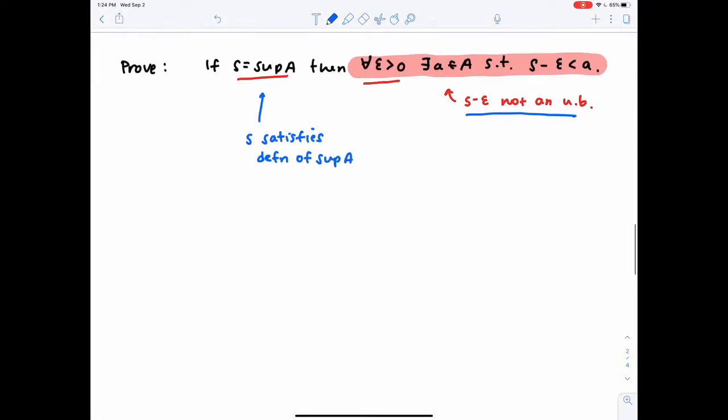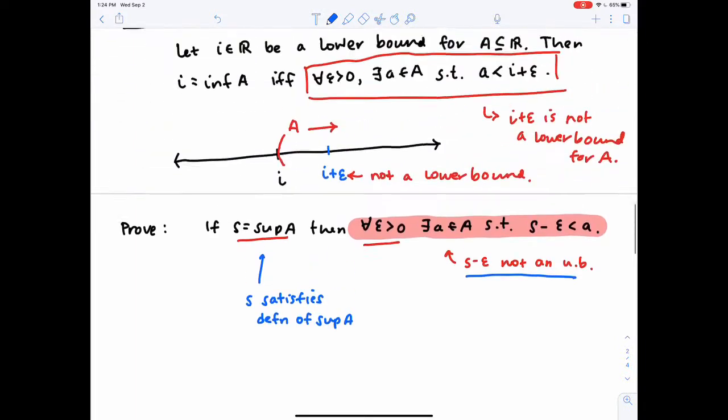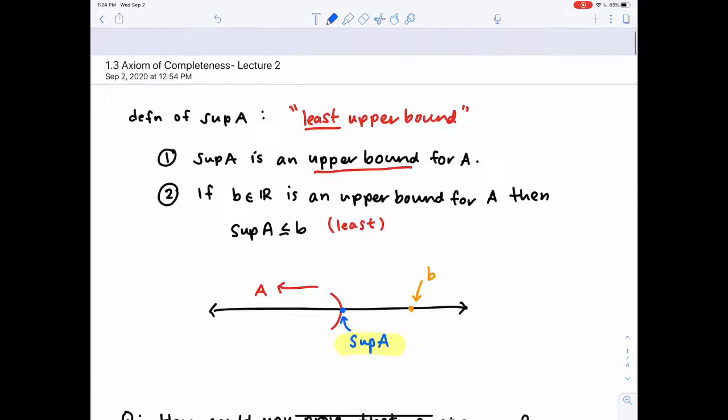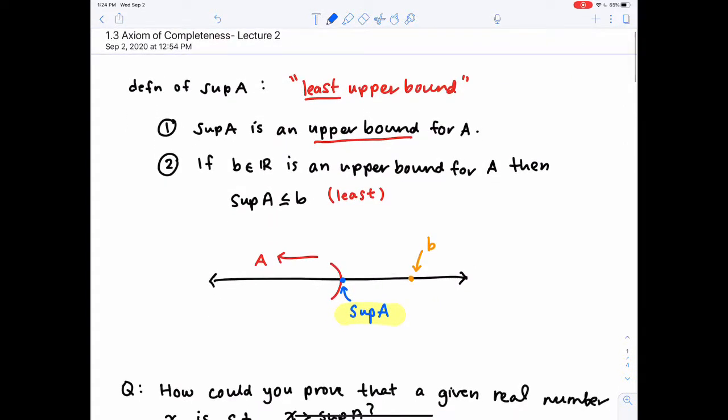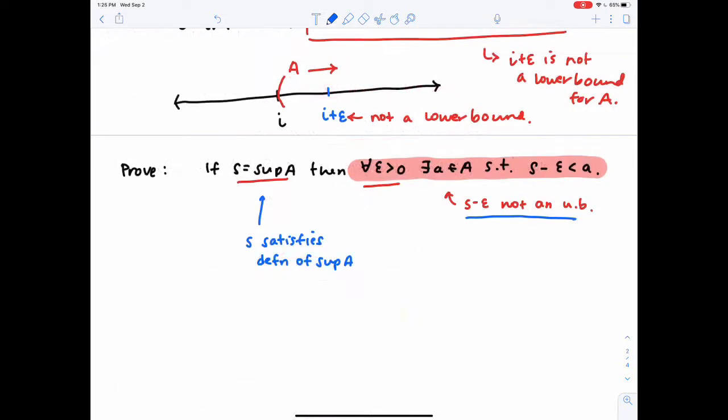So if I want to show that S minus epsilon is not an upper bound, I need to go back up to my definition of a supremum, which is up here, and all I have to work with is part 1 and part 2. So we want to think about how the definition of sup A is going to allow us to argue that S minus epsilon is not an upper bound for our set. So take a moment and pause and think through this.